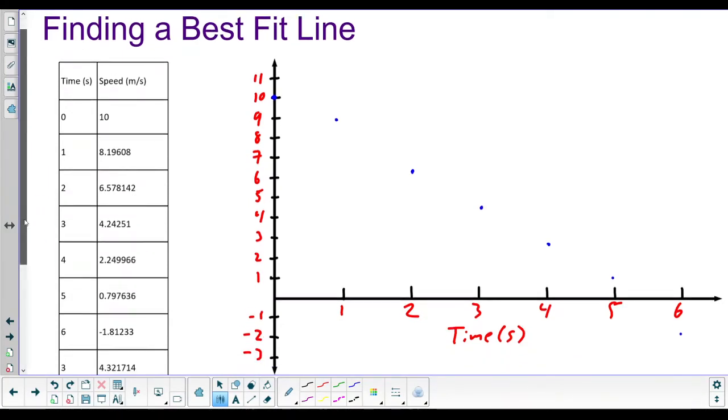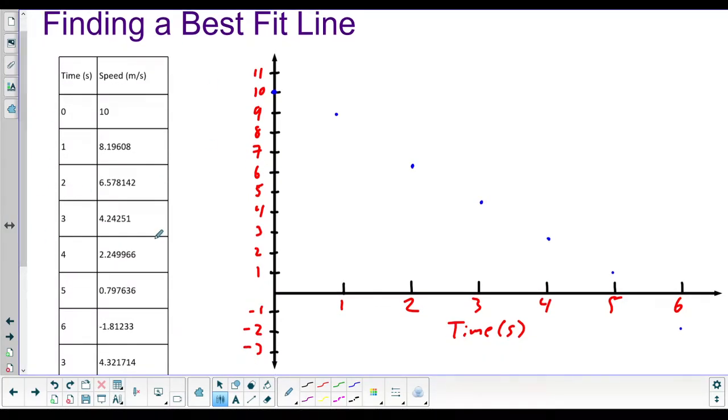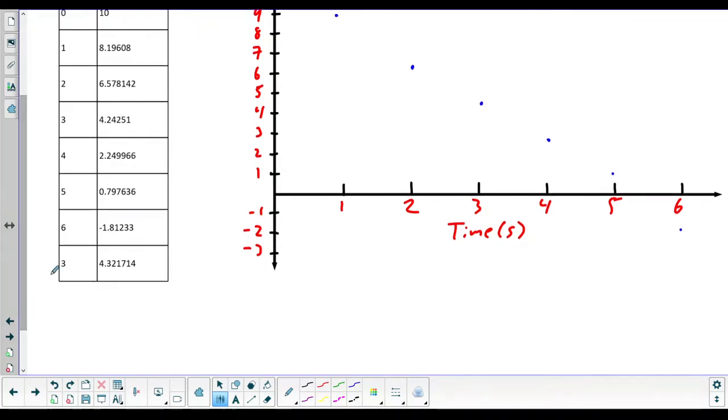Okay. So here's our data. I went ahead and gave us X bar and Y bar. So our average X, if you take 0, 1, 2, 3, 4, 5, and 6 and average these, meaning you add them together and divide by the number of things, you'll get 3.